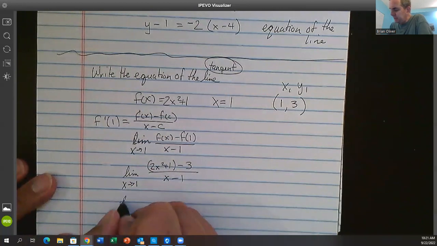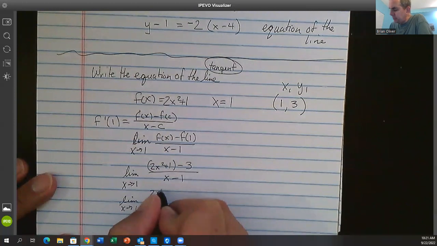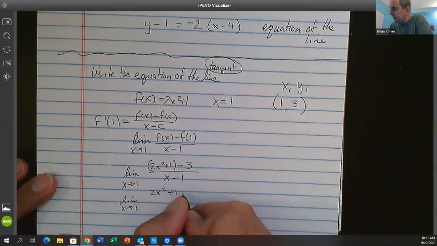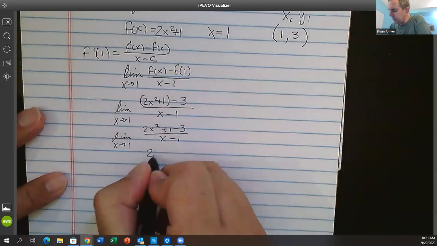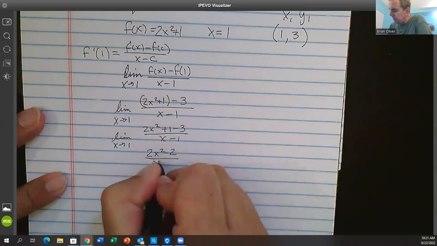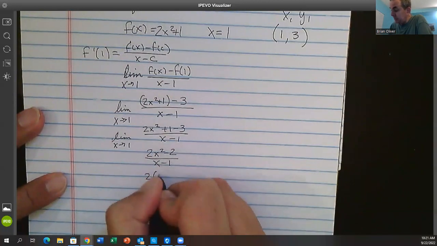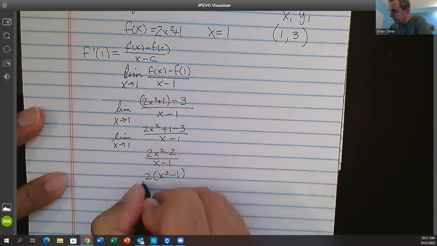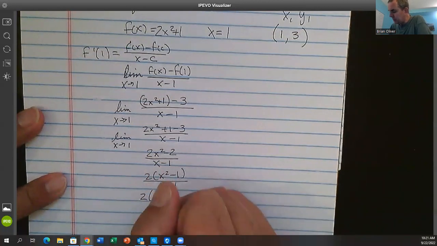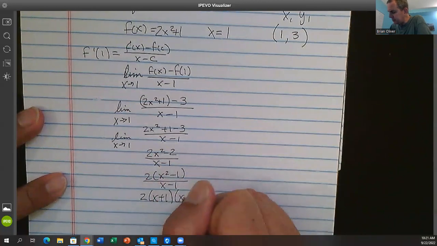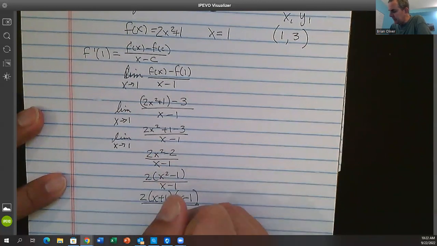So now this becomes the limit as x approaches 1 of 2x squared plus 1 minus 3 over x minus 1. Simplifying, this becomes 2x squared minus 2 over x minus 1, which becomes 2 times x squared minus 1 over x minus 1, which becomes 2 times x plus 1 times x minus 1 over x minus 1.